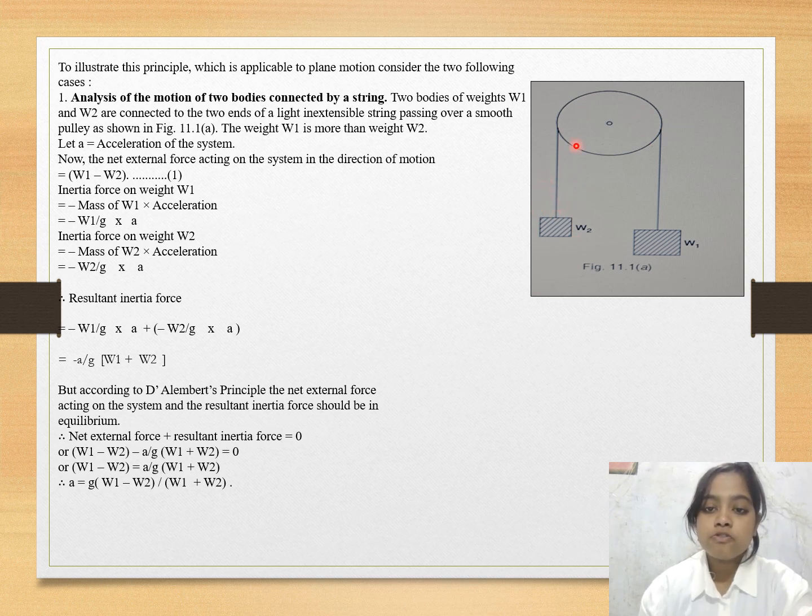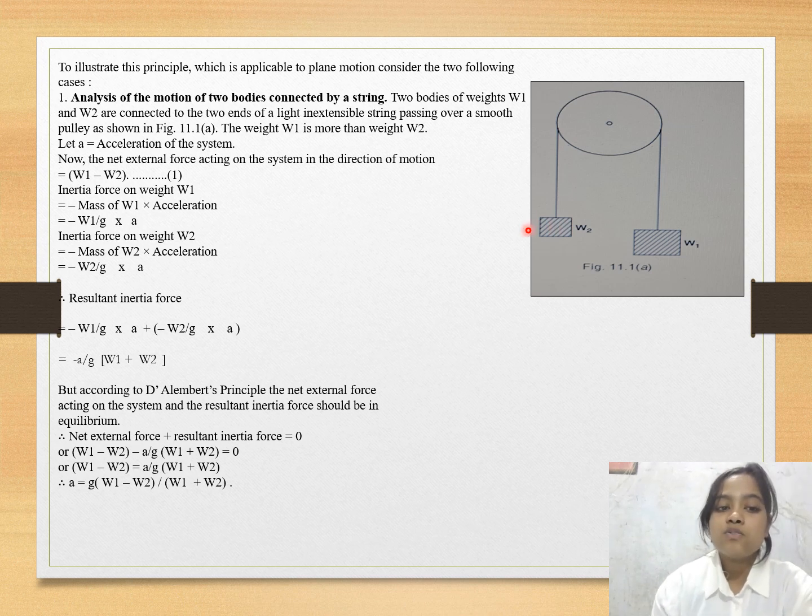As you can see, the weight W1 is more than W2.